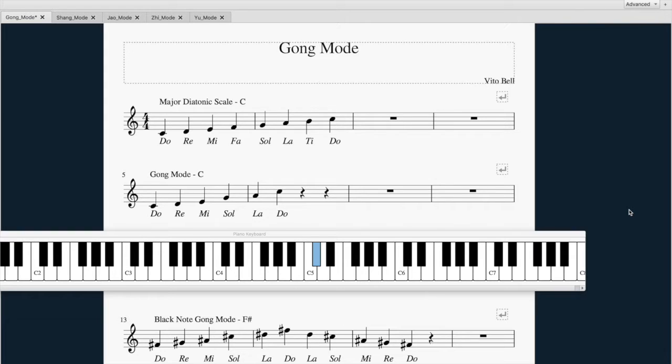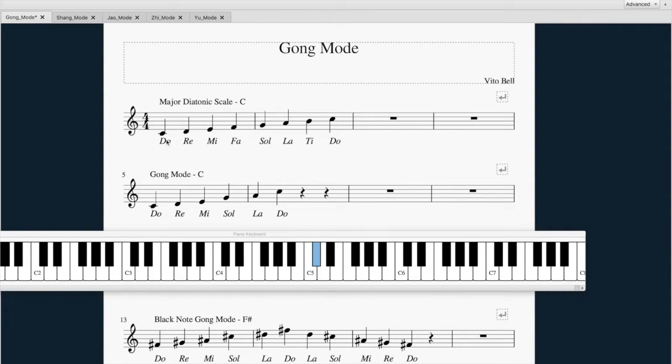Gong Mode will be the mode that we will be talking about in this video, and I believe the best way to conceptualize and understand Gong Mode is by looking at it in comparison to a diatonic scale, and in this case, the major diatonic scale.